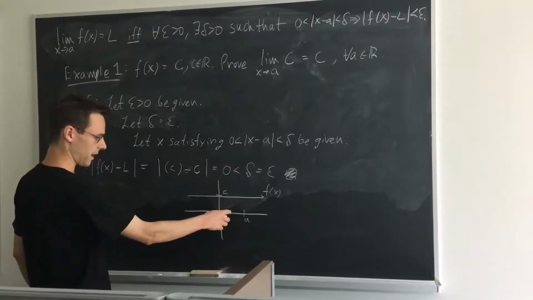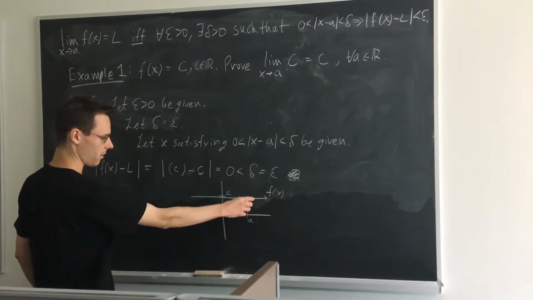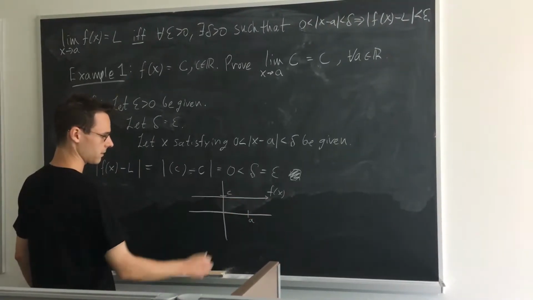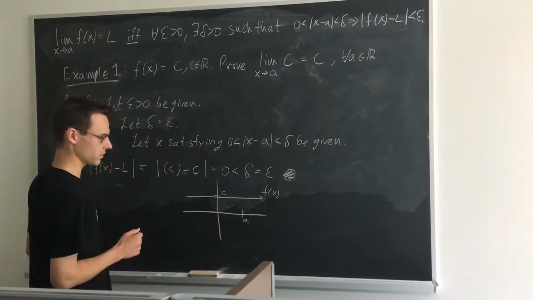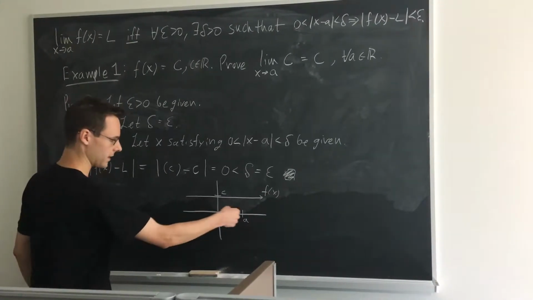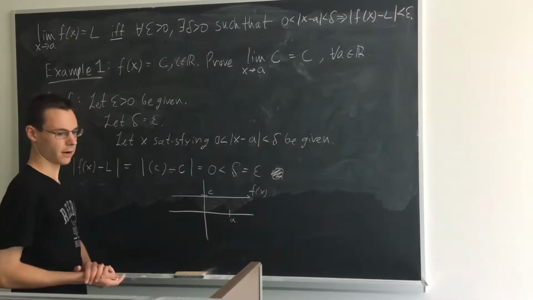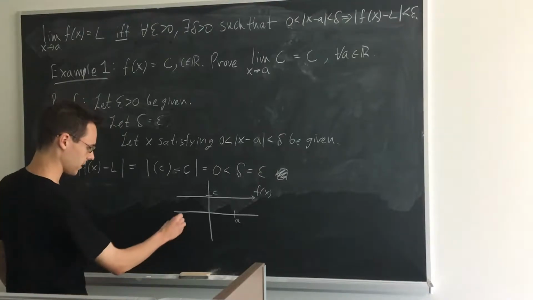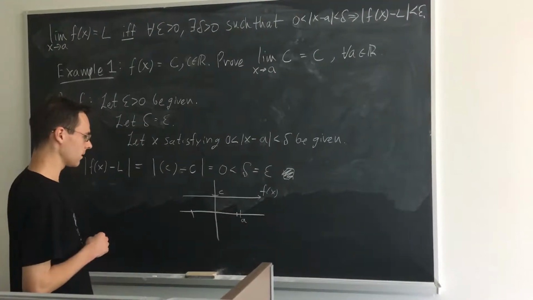So it doesn't matter how far away from a we are with our x's, f maps all x's up to c. So the distance between f of x and this limit, which is 0 all the time for any x value, does not depend on the x value. It does not depend how far the x's are from a. We could pick x's out here, or we could pick x's really close to here, okay?